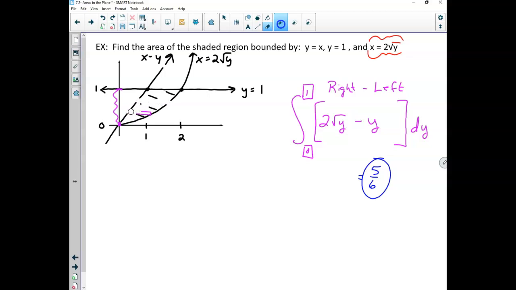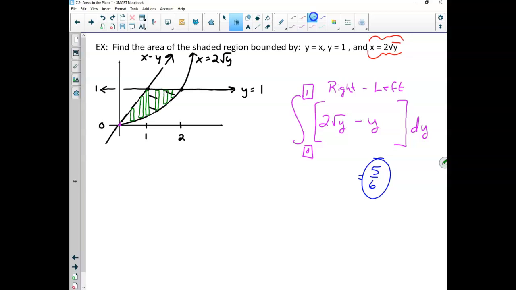Get rid of that, get rid of that, and we'll just see why we're doing what we're doing. And I won't waste too much time with that. But if I place my rectangles this way, notice right here, my upper curve changes.